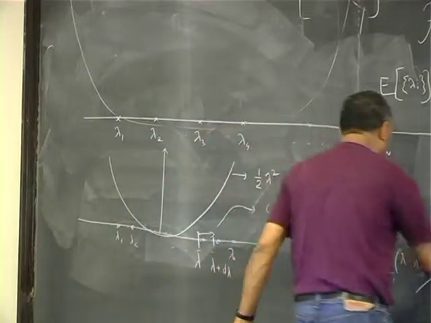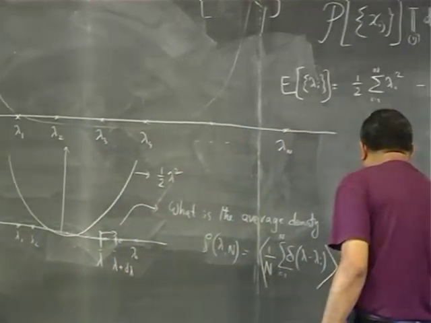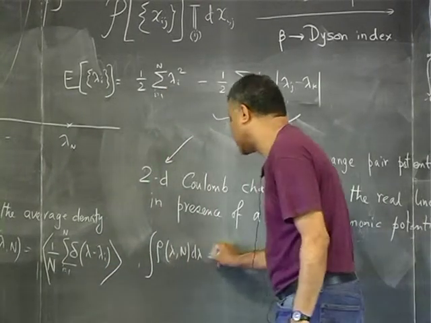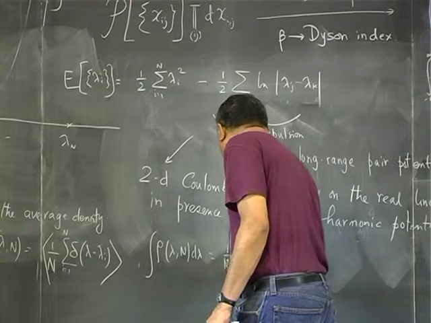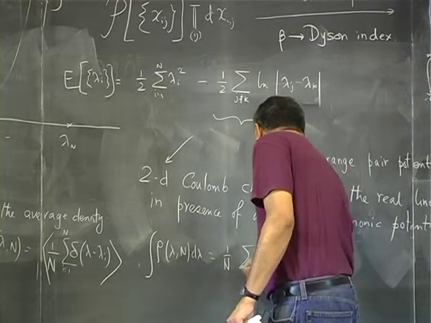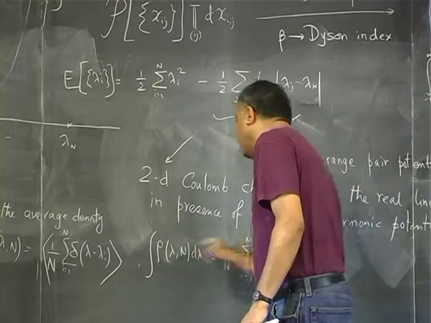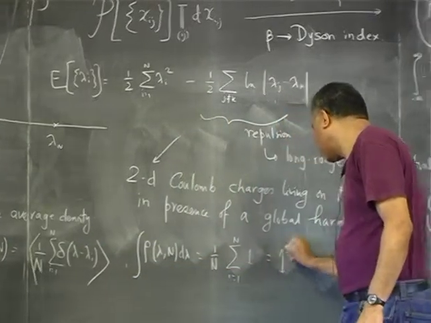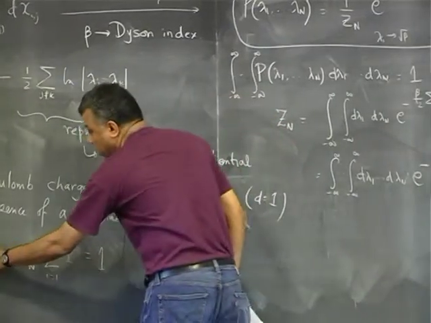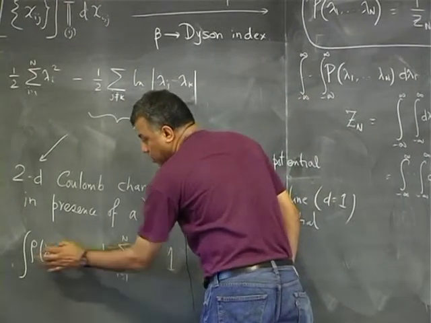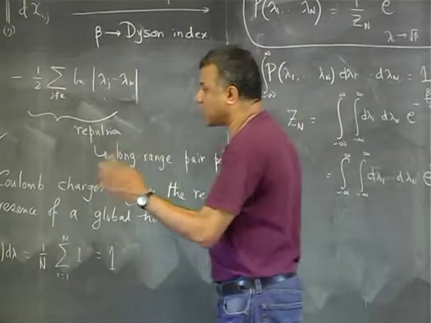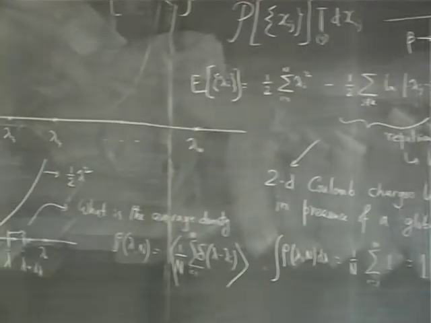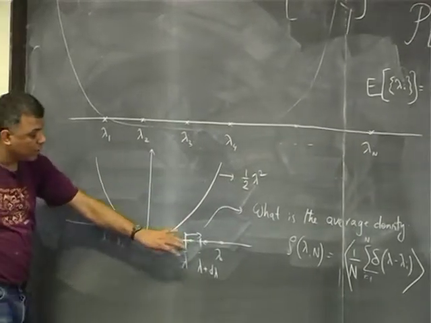Because if I integrate over lambda over the full space, by definition this will be 1 over n, then I have i equal to 1 to n, and the integral of the delta function is just 1. So this will be 1. This is just the fraction of particles between lambda and lambda plus d lambda. The total fraction, of course, is 1. So it just counts what's the fraction out of n particles, how many charges are there, and that will give an idea of what's the equilibrium profile of these charges.